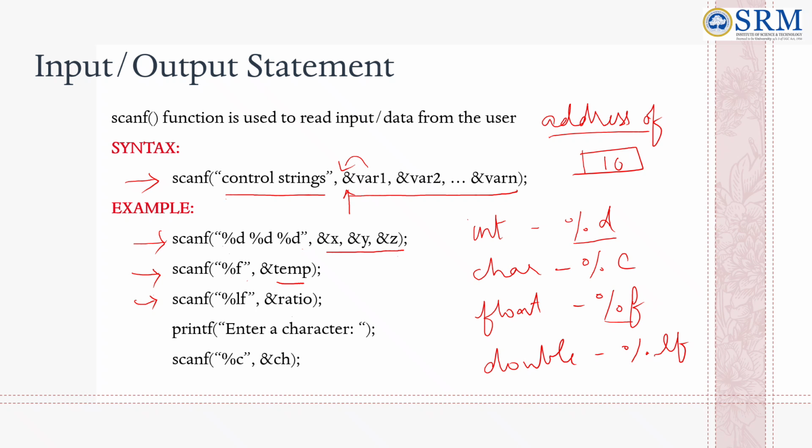So the control string used for double is %lf. Scanf within double quotes %lf, comma, ampersand ratio. And finally, when we want to read ch, which is of character data type, the scanf control string for character data type is %c and we give ampersand ch.